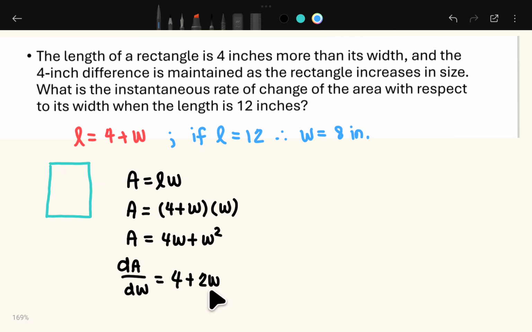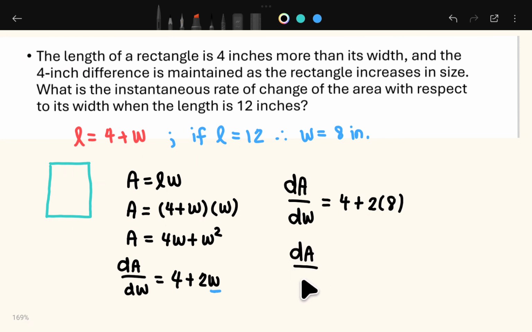So substitute 8 here. Therefore, the instantaneous rate of change of the area with respect to the width is equal to 4 plus 2 times 8. So this will be 4 plus 16, that is 20 square inches per inch. So this is our final answer.